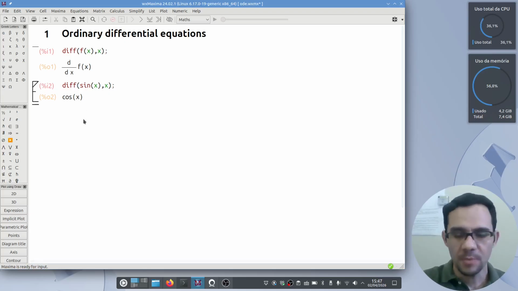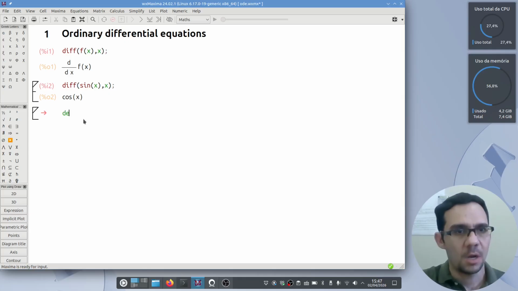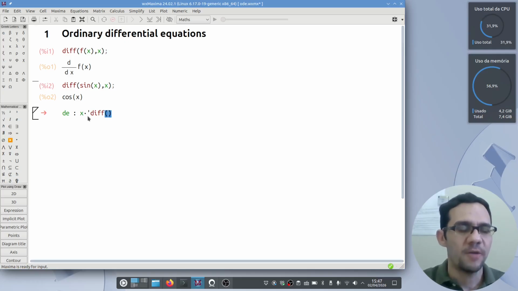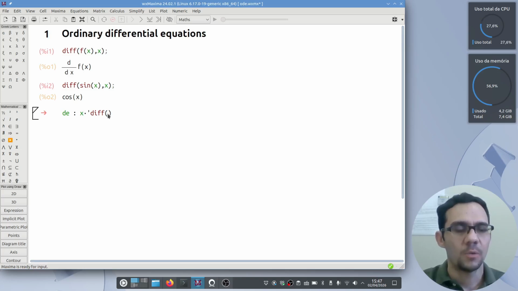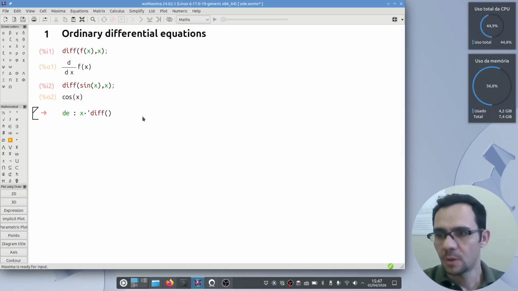For example, I'm going to construct a first order differential equation as an example. Just a note, we have to put a prime before diff so that Maxima does not compute it when we are defining our differential equation.